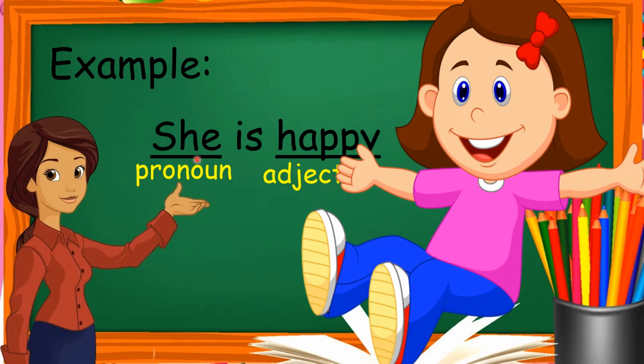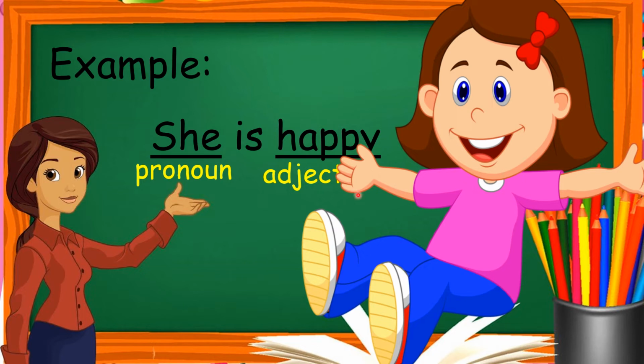This is Giselle. Giselle is happy. The word happy describes Giselle, and the word she replaces the name of Giselle, and this is the pronoun. Okay, very good. Now again, what is an adjective?